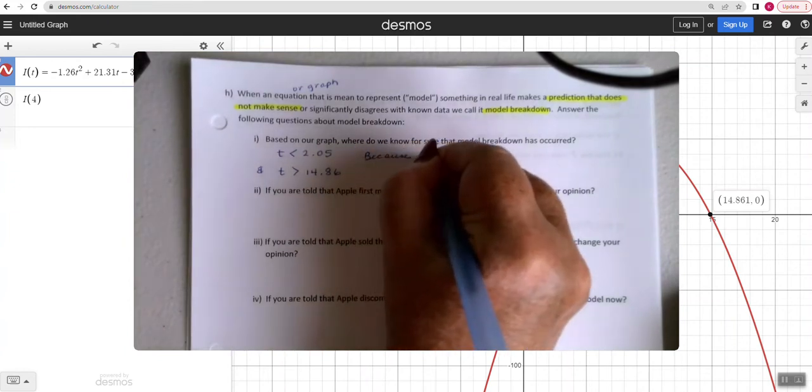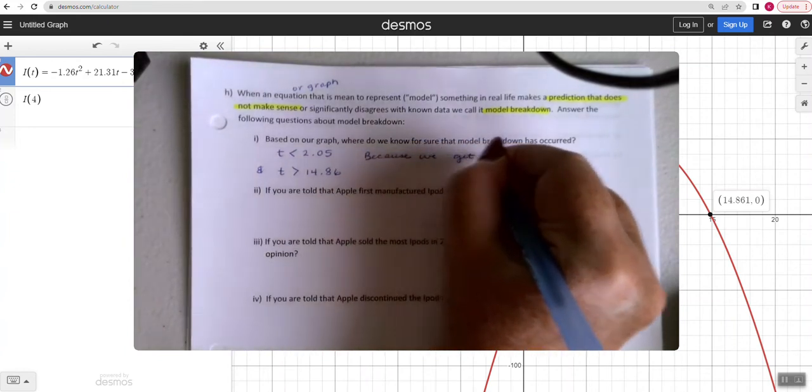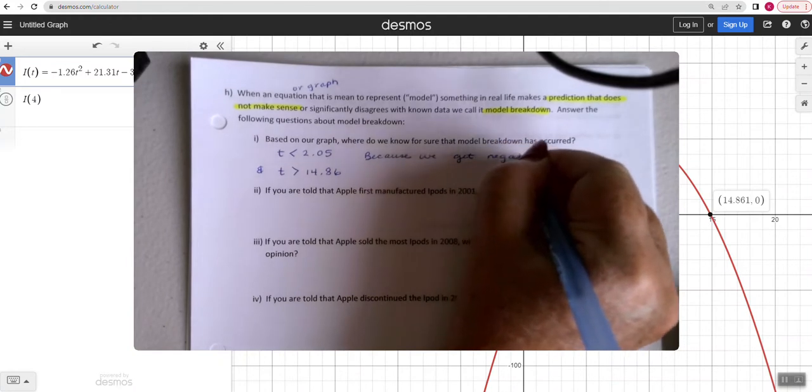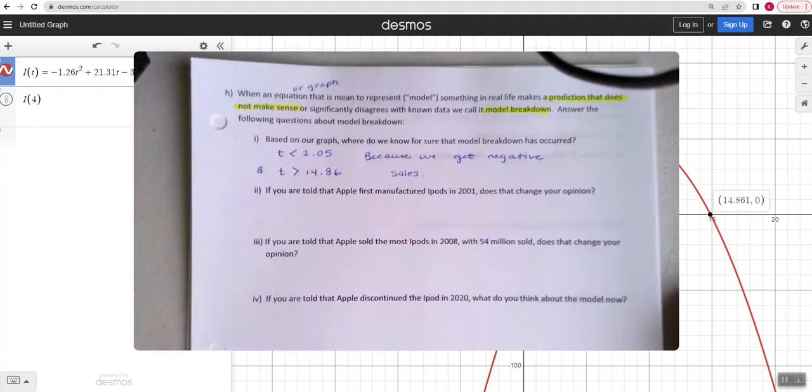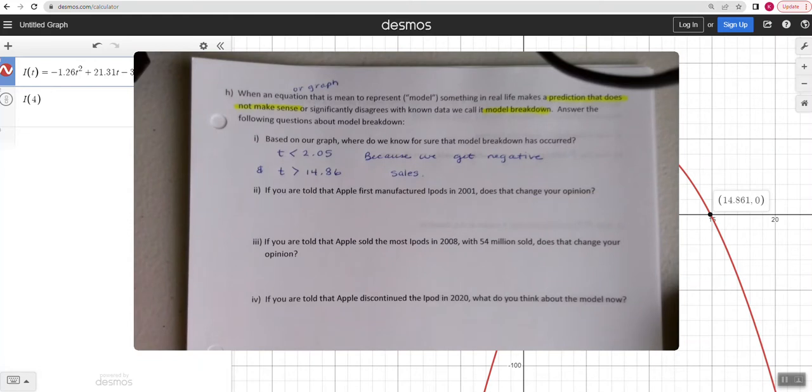Because we get negative sales. Okay. Just a quick caveat, not all negative outputs in every situation are unreasonable. Sometimes they're very reasonable. But in this case, it's the number of units sold. That's not reasonable to get a negative result.